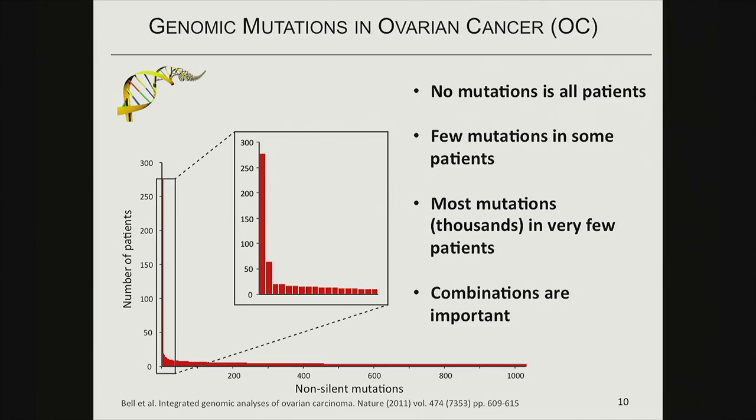It's simply an excerpt or a blow-up of this region here. We see that there's very few genes which are quite frequently mutated in this cohort. And we see a very long tail here, which goes on, of potentially thousands of genes which have mutations in this patient cohort at a very low frequency.